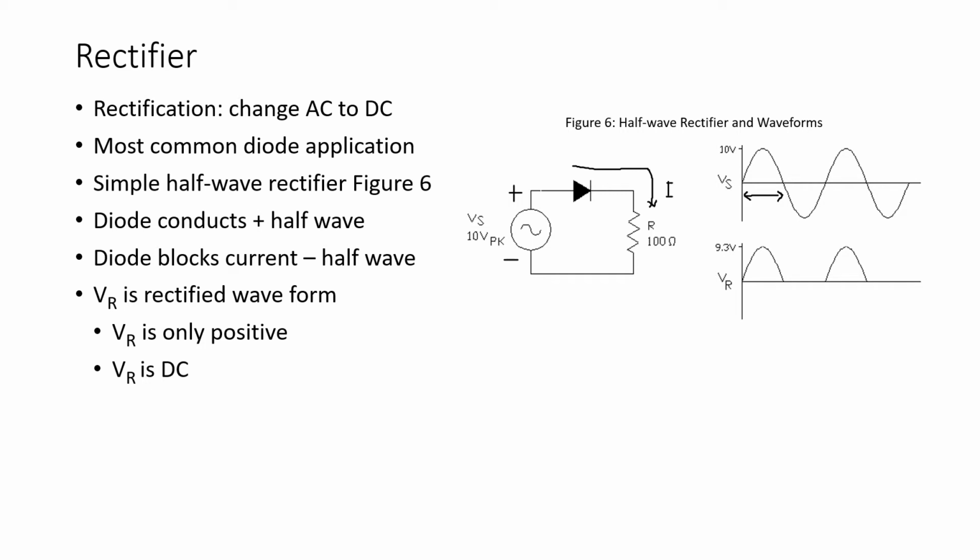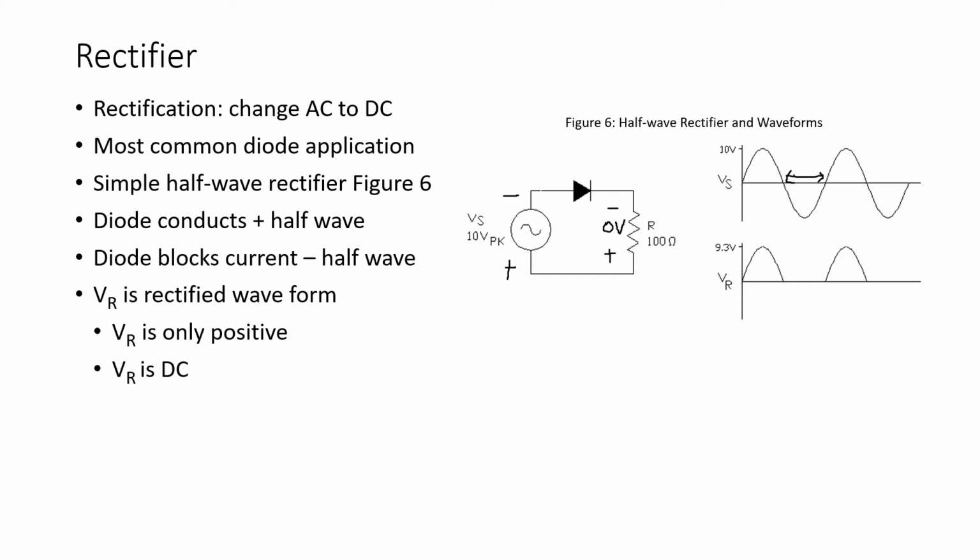Now, during the negative half cycle, from here to here, the voltage source is negative to positive and the diode will be reverse biased. No current will flow through the circuit, and of course all of the source voltage is dropped across the diode and the voltage across the resistor will be 0 volts.